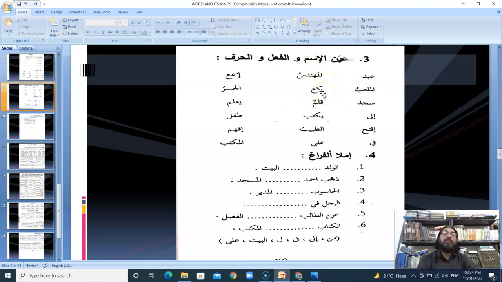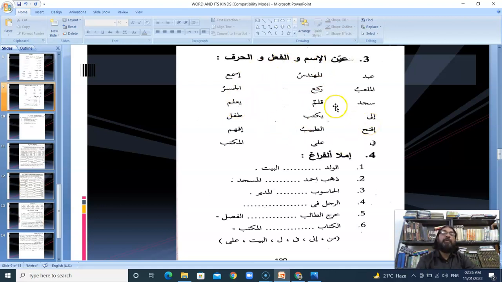Raka'a, he bowed. Al-fi'l, the verb. Al-jasru, the bridge. Al-ism, the noun. Sajada, he prostrated. Al-fi'l, fi'l means verb. Qalamun, a pen. Al-ism means noun. Ya'lamu, he knows. Al-fi'l, simple present.